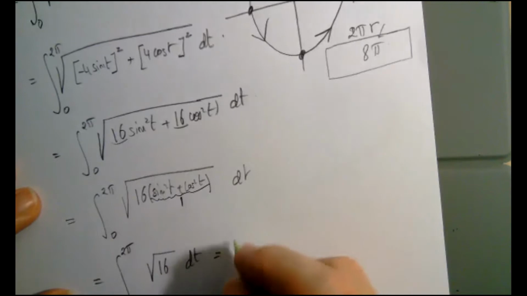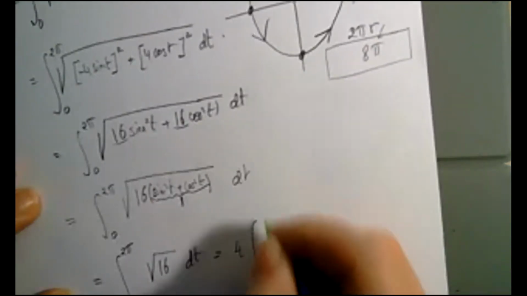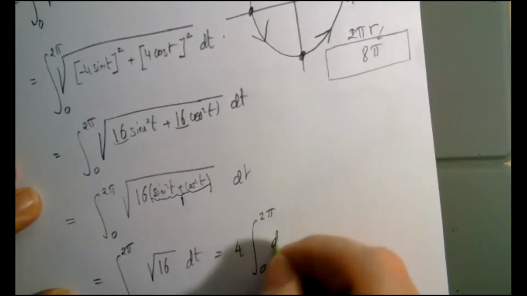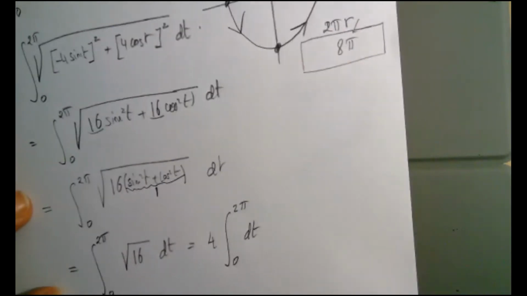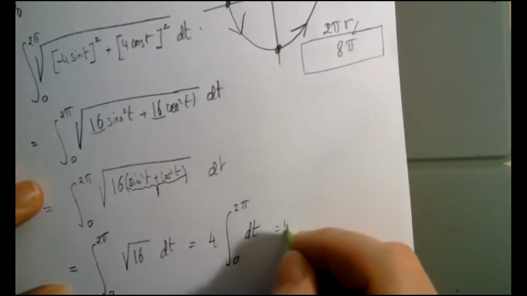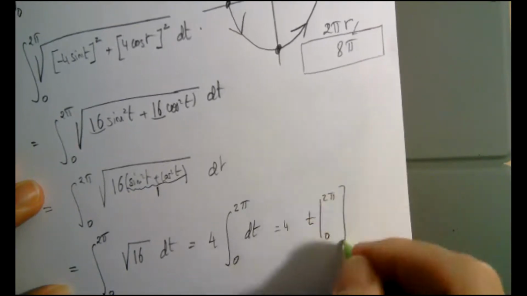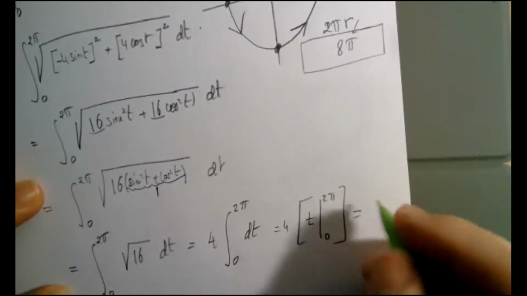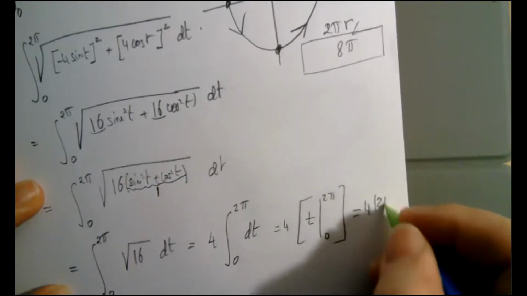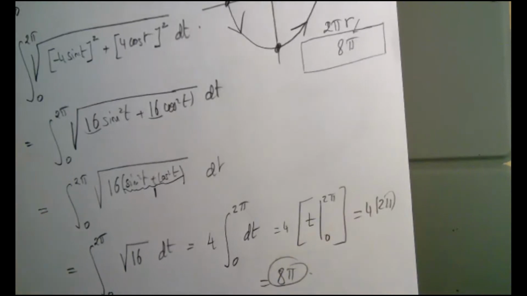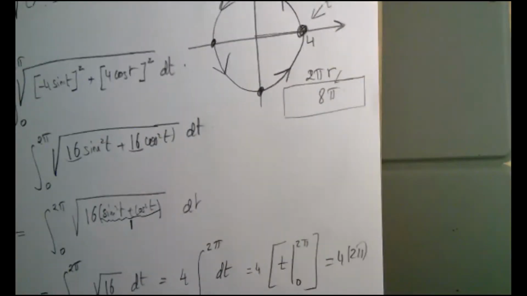Square root of 16 is 4. I can pull it out, and I will end up with dt by itself. Now, what's the integral of dt? That's t between 0 and 2 pi, which is 4 times 2 pi, which is actually 8 pi, which is what we hoped to get, because what I am doing is finding the length of the circle.